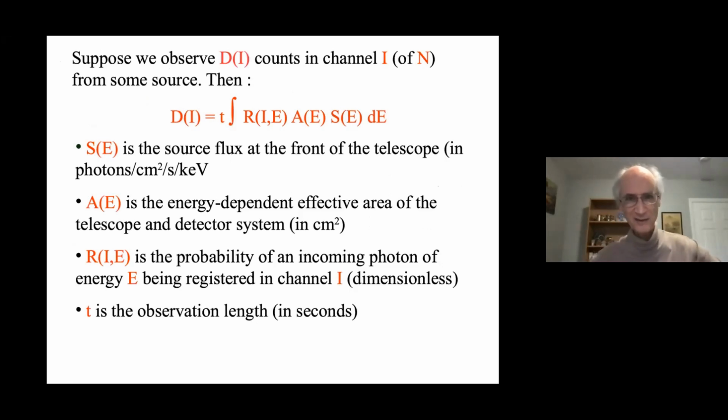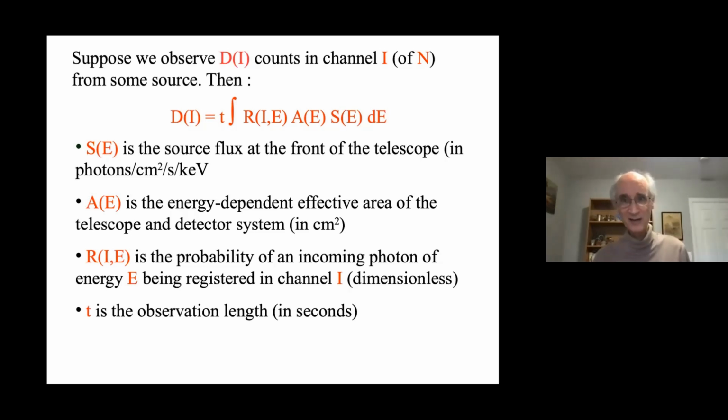And this is, I think, the only little piece of mathematics I've got in this talk. So typically, we're observing some number d of counts in some channel from a source, and the number of counts can be described by this simple integral, where we've got a source flux.